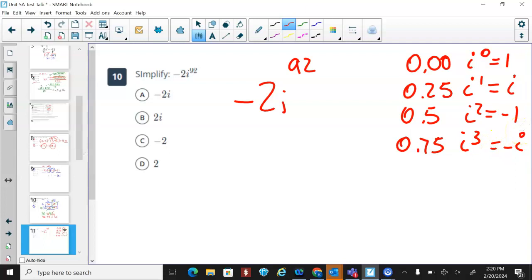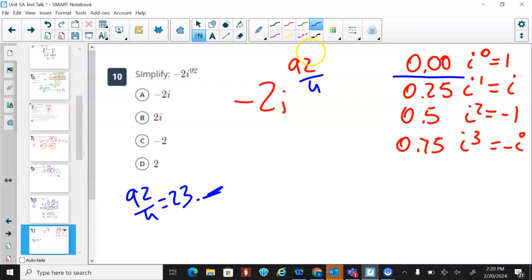Now, I take and divide this 92 by 4 because I'm trying to replace i to the 92 with a smaller value that I know I can solve. So 92 divided by 4 is 23, okay? There's nothing after the decimal. Nothing there means 0, okay? There is no 0.25, there is no 0.5, there's no 0.75.